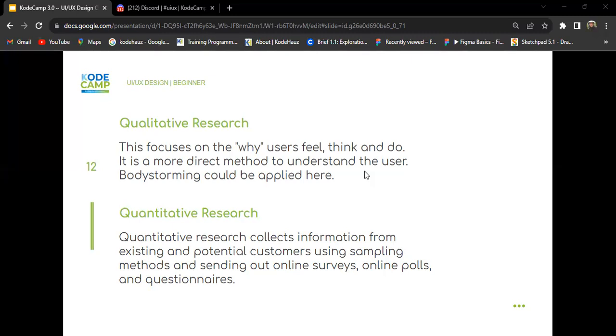You could put yourself in the shoes of the users and ask yourself questions like, if I were the user and I made use of this application or actually interacted with this interface, how would I feel? Or if you're speaking of a product that doesn't exist yet, if it were to exist, what are the things that I want to see on this application? Would I actually want this flow to be as easy and intuitive as possible? So this is what body storming is.